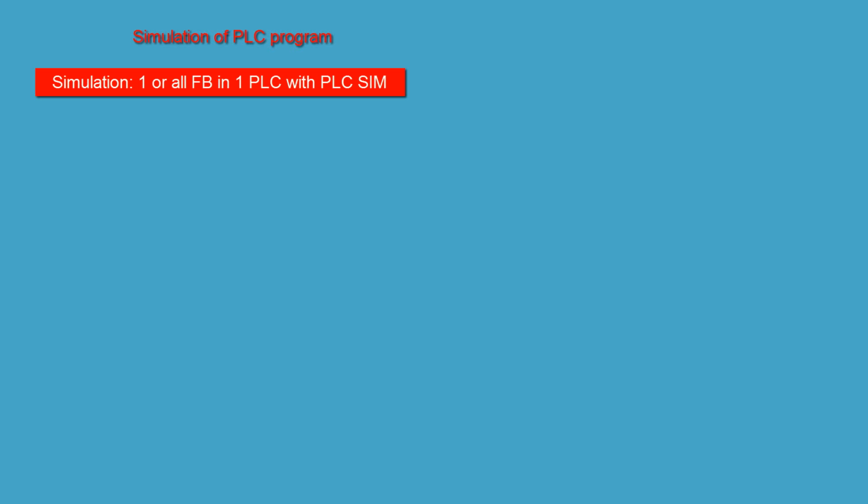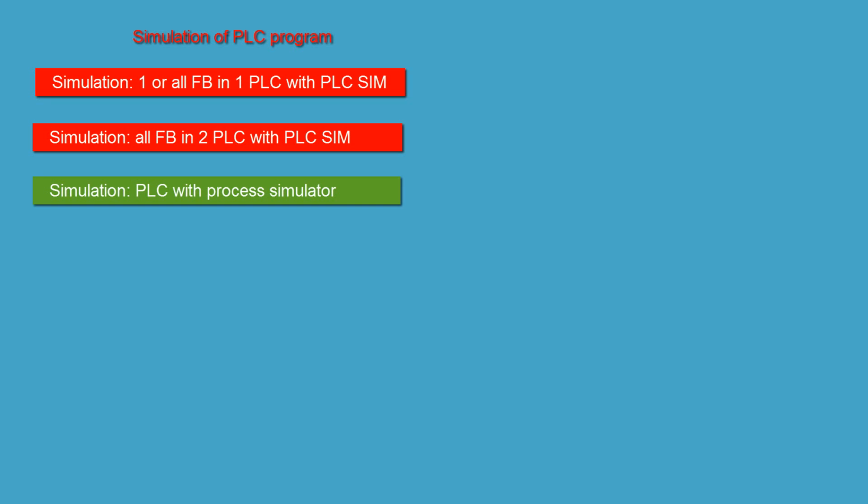The simulation of one or all objects in control language, called function blocks, in one PLC with PLCSIM is possible. The simulation of all function blocks in two PLCs with PLCSIM is possible. Then I have two instances of PLCSIM. The simulation of PLC with a process simulator is possible.